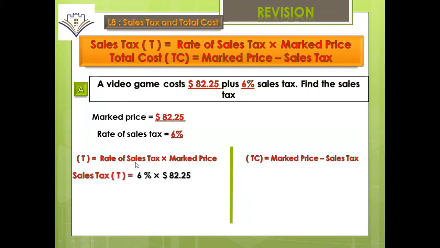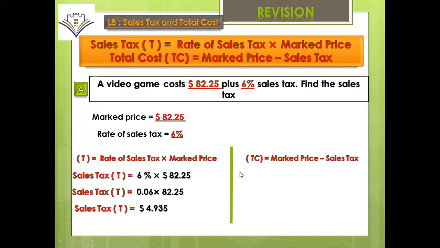Then 6% multiplied by 82.25. Convert from percent to decimal: 6% means 6 divided by 100, which is 0.06. Then 0.06 multiplied by 82.25. Then the answer is $4.935. Then we get the sales tax.